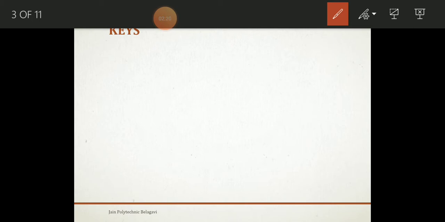Now why are keys used? Keys are used as a temporary fastening and are subjected to considerable shearing and crushing strain. What do we mean by temporary fastening? It means we can remove them very easily without destroying the elements. That is, without damage to the element, we can easily disassemble them. That's why we call them temporary fastening.